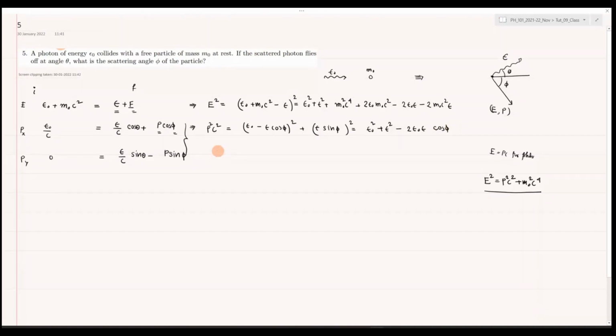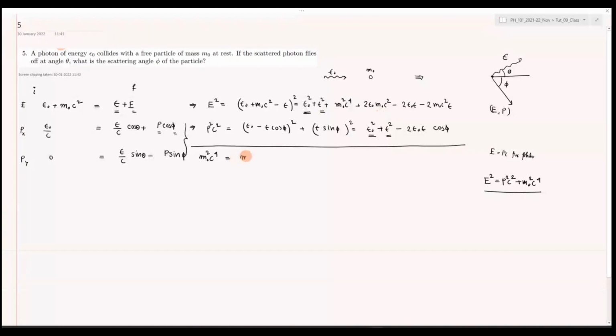Now just subtract these two equations. If we subtract E square minus P square c square, you will get m naught square c power 4. From here, this term and this term will get cancelled. This term and this term will get cancelled. Will anything else cancel?